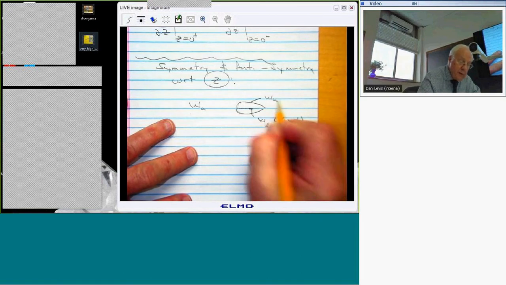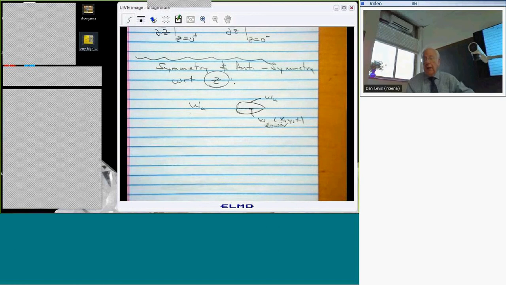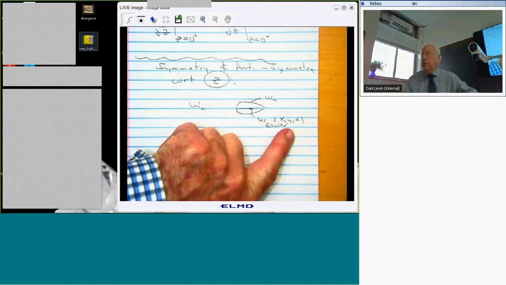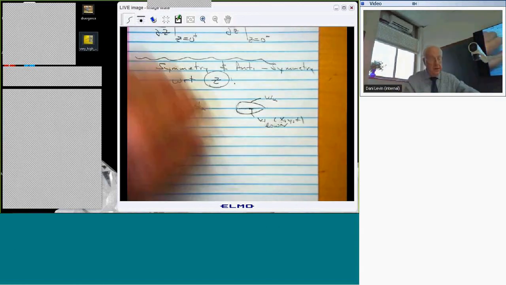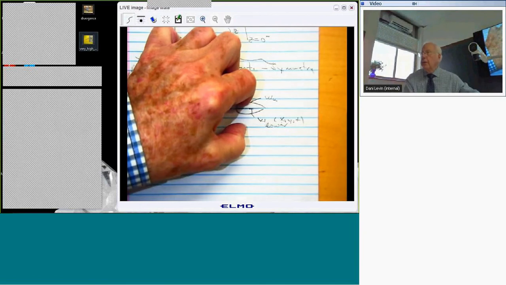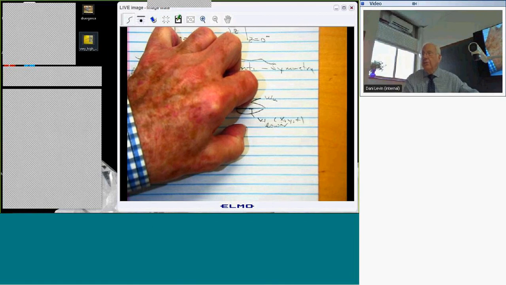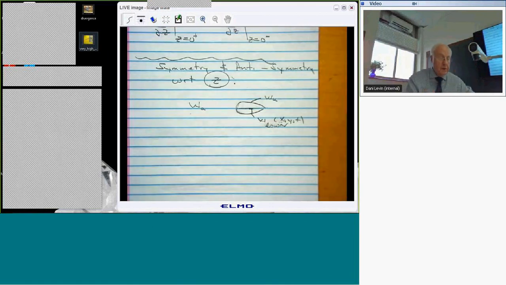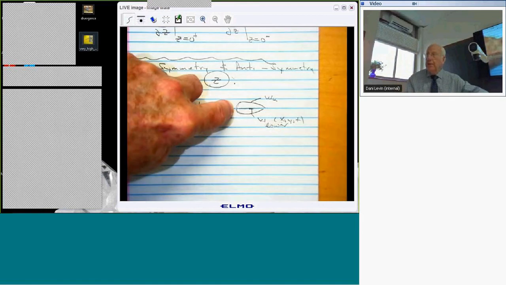By the way, I can look at the case where omega is 0 and there is no oscillation, and this is just the thickness of my wing. In fact, this is usually called the thickness problem. That's what aerodynamicists call it for historical reasons. But if I want to do the dynamic case, I think of these as two membranes moving up and down symmetrically with respect to this. But now here's where the notation gets a little tricky.